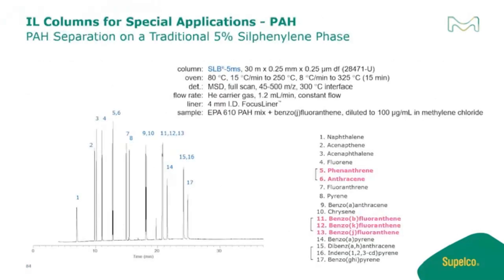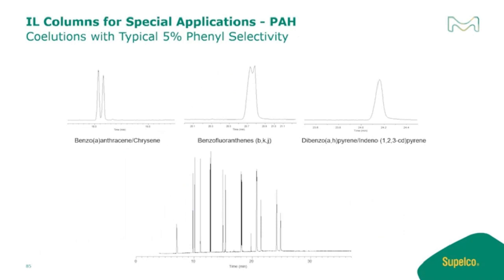And here's what the analysis looks like on your 5% phenyl phase. You get about baseline resolution of phenanthrene and anthracene, no separation between the benzo[b,k,j]fluoranthenes, and then peaks 15, 16, and 17. You can see coelution between 15 and 16. That's your 5% phenyl phase. And here's what they actually look like in terms of those key separations I just discussed on the 5% phenyl phase.